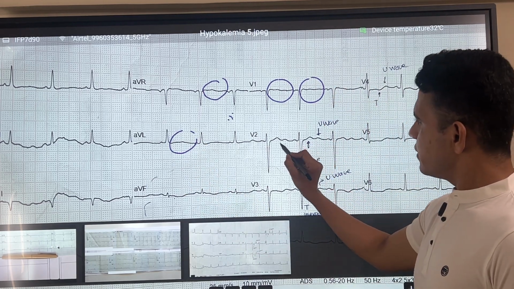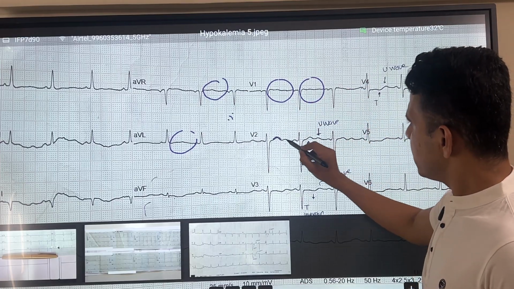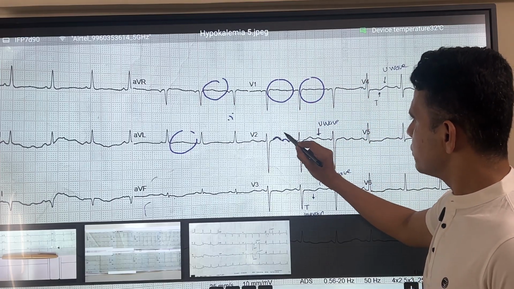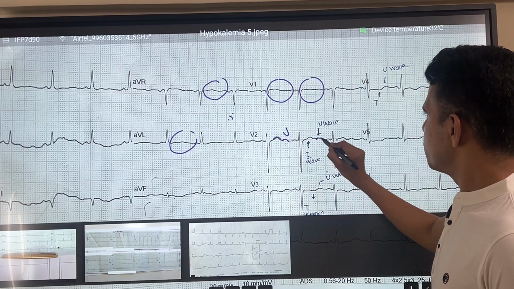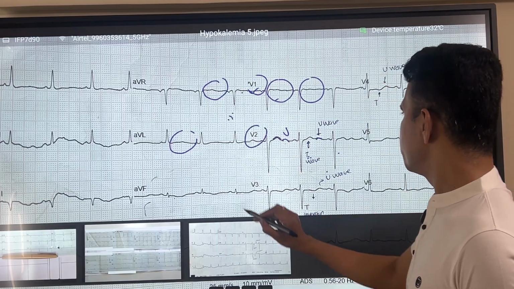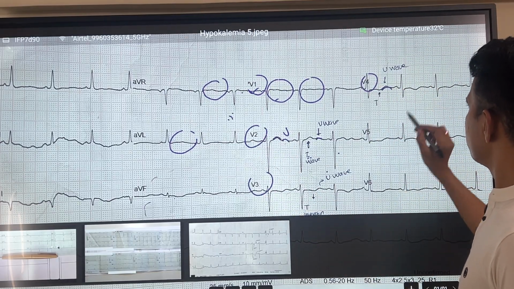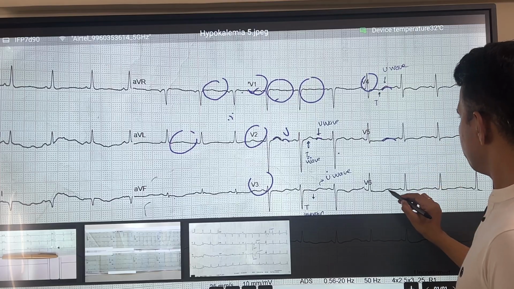See, in anterior leads, this positive deflection is the T wave. And just after that, what we get is the U wave. So this is the U wave. As I told, you will see this from V1, V2, V3, V4, we have a very good U wave. In V5 we have a very good U wave, and in V6 also.